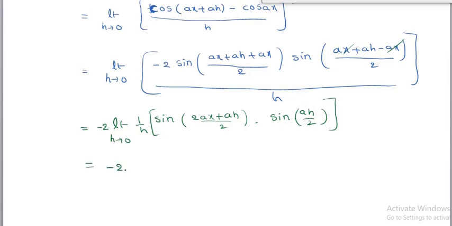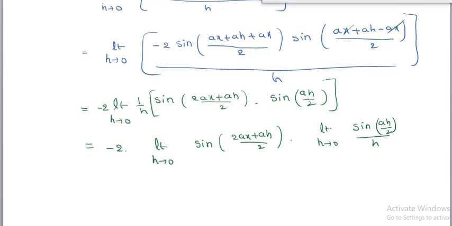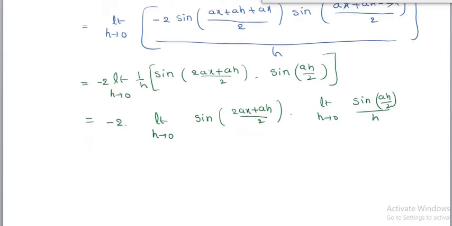So minus 2 into limit applied sin((2ax+ah)/2), limit h tends to 0 sin(ah/2) by h. h can also be written as 1/2, so I will write ah/2 into 2.